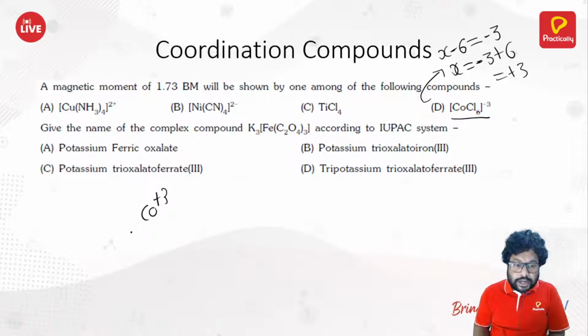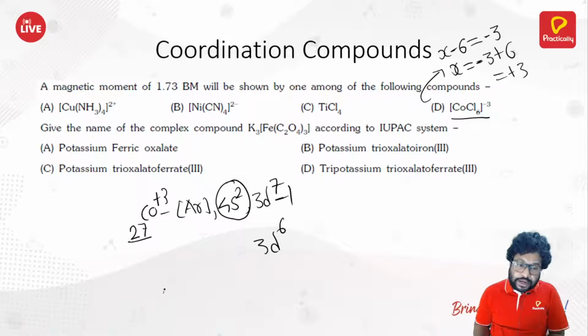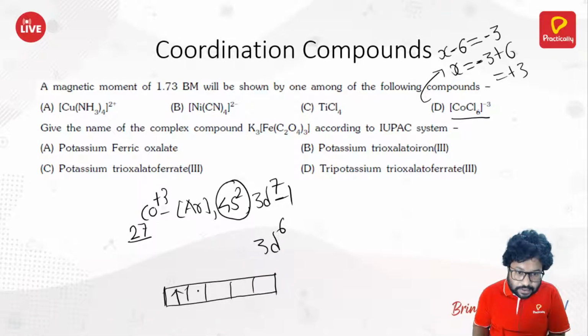If you write the general electronic configuration of cobalt, its atomic number is 27. So it's argon 4s2 3d7, out of which you take the 3 electrons. It's a plus 3, right? So these electrons go and 1 d electron goes. It becomes 3d6. And how can you arrange the 6 electrons? See, you can arrange 6 electrons like this: 1, 2, 3, 4, 5, 6.